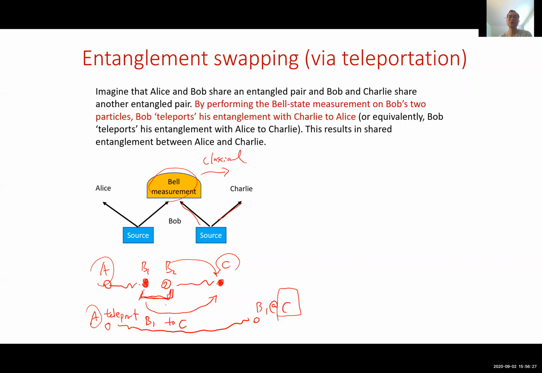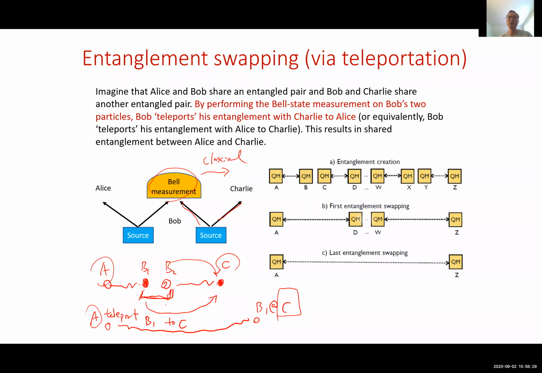This is useful because if you have many stations, like A, B, C, D, etc., up to Y and Z, and you don't have a long distance entanglement, you can create it from a series of entanglement swapping. So you do the swapping between A and D. By doing this, you get AD.